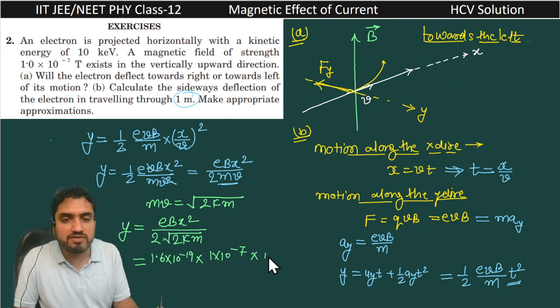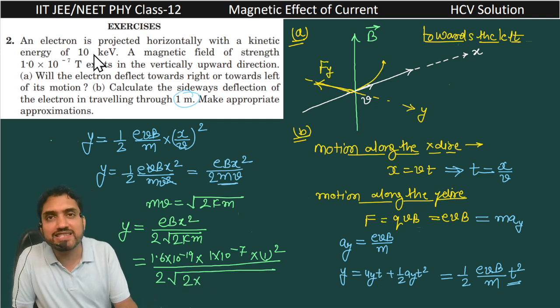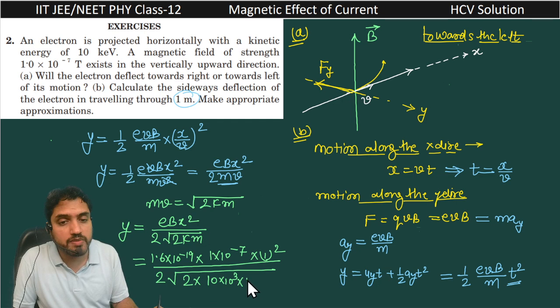And x is 1 meter, so 1 square, divided by 2 as it is, root again as it is, and K is given as 10 keV, so 10 × 10^3. We convert this electron volt into joule by multiplying by 1.6 × 10^-19. Now it is converted into joule. And m, the mass of an electron, is 9.1 × 10^-31 kg.